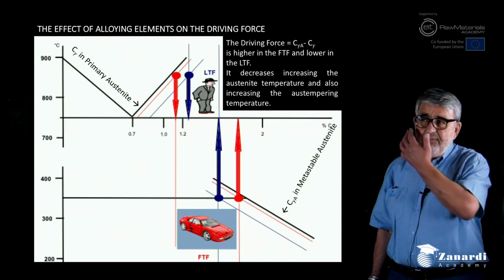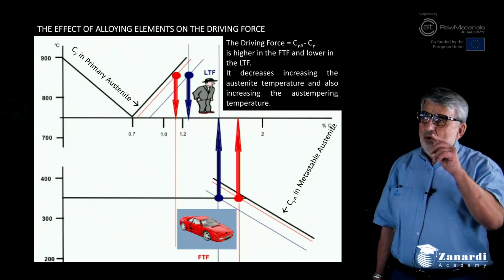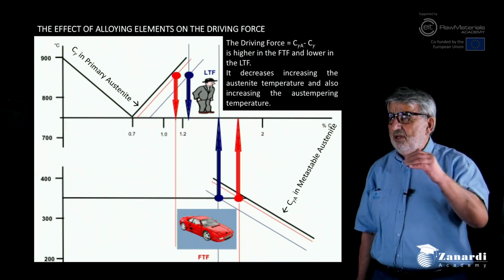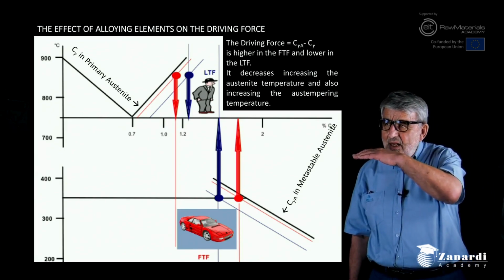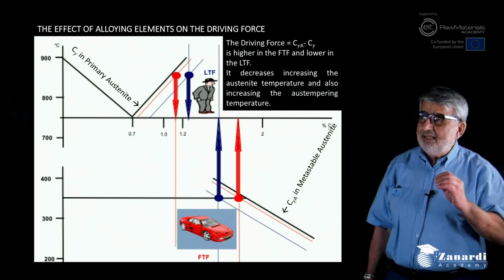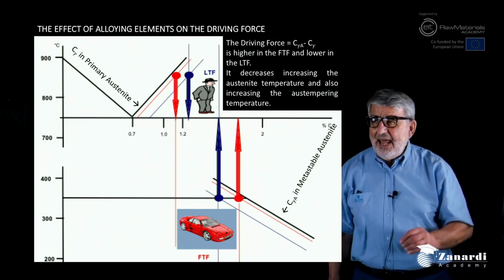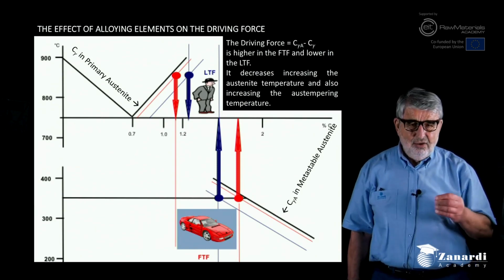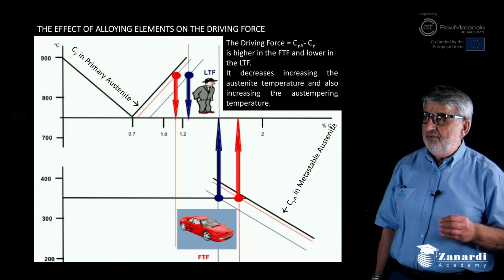But you see that we have the austempering temperature, the low horizontal line, which is fixed, and it depends on the grade we want to achieve, the strength or the hardness we want to achieve. This is given.